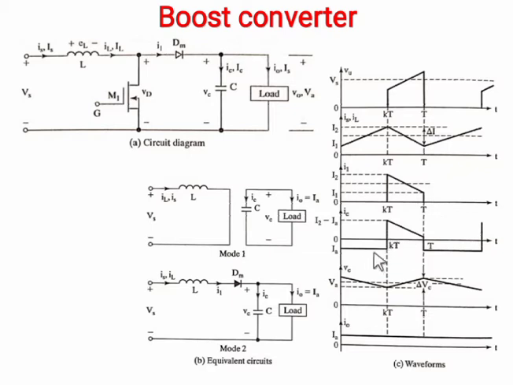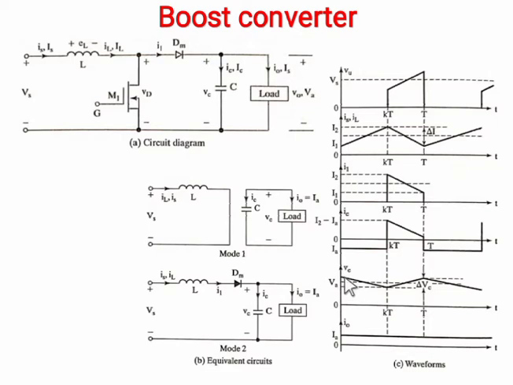So this is the capacitor current IC. When switch S is on, it is a negative value and its magnitude is given by IO, and when switch S is off, its value is positive and linearly decreases from I2 to I1. After this point, the cycle repeats. This is the VC capacitor voltage.